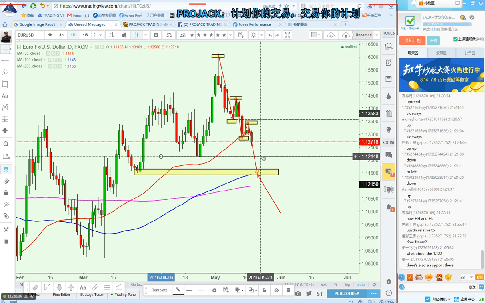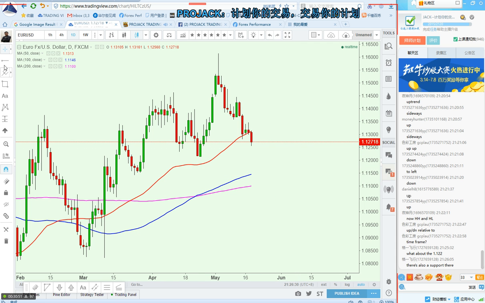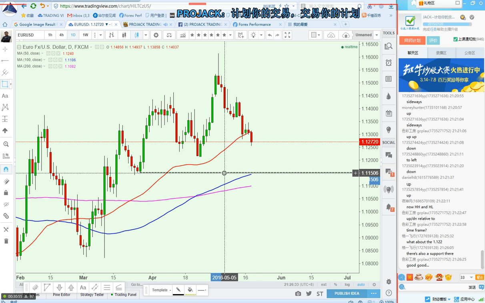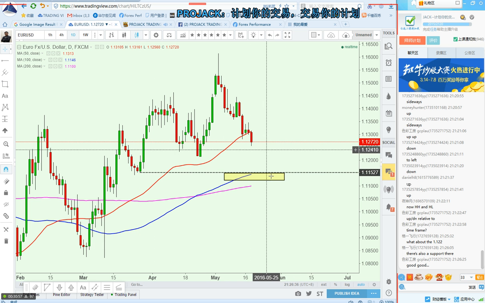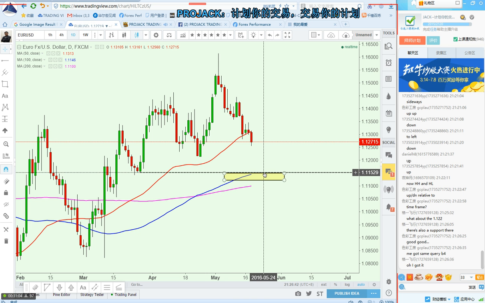Price may bounce back, but because of the moving average here and with the left structure, you will find bigger or better support here. So if you want to long euro dollar, look here. And if you want to set a profit target for your selling orders, also look here.